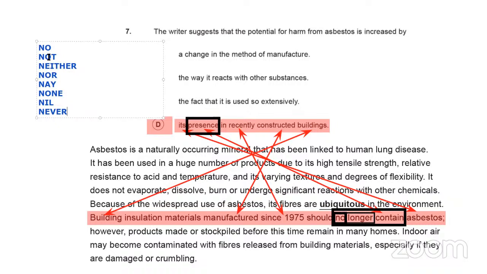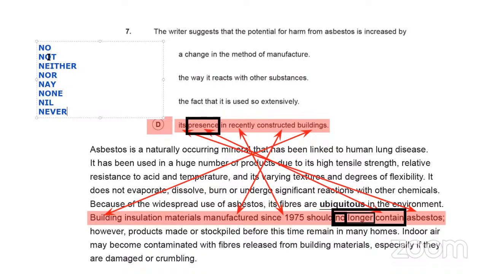Okay. One more is there. What is that? Null, nil, null.